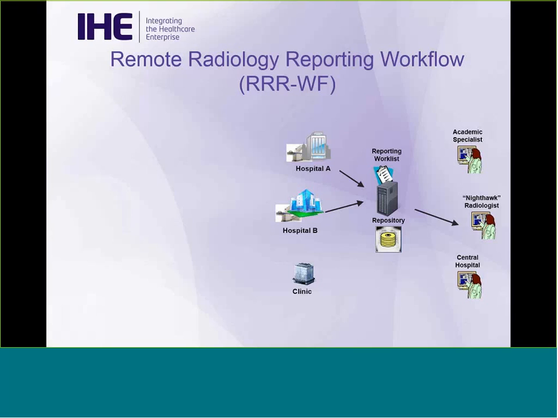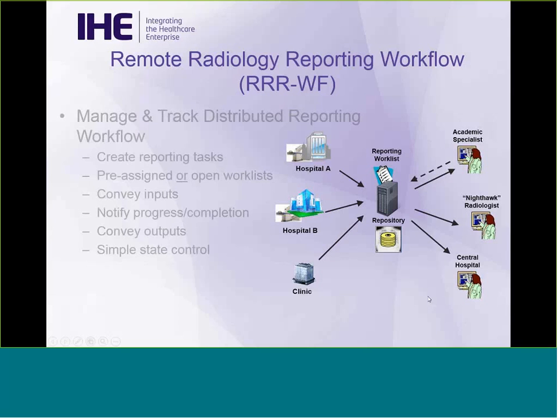For example, an academic specialist might periodically check the work list for anything in their specialty area and pull that off and generate reports. Clinics might use this for sending work up to their central hospital. So the idea is that we want to manage and track this distributed reporting workflow, that most places are set up to do reporting work lists as internal to their facility. How do we make community work lists?